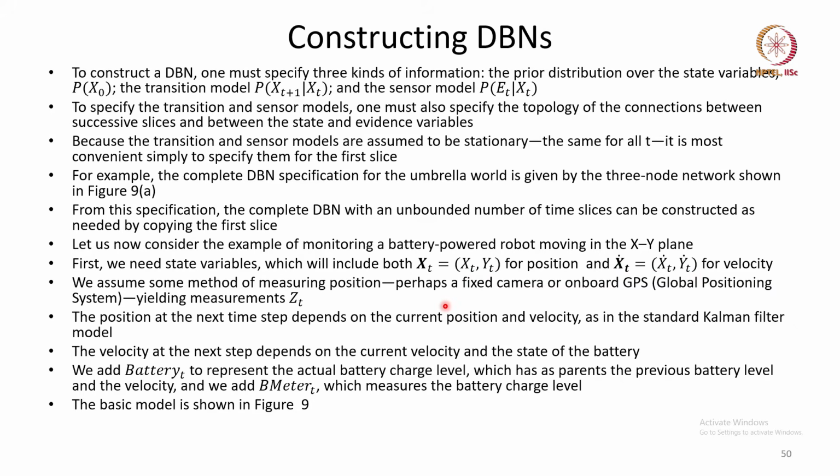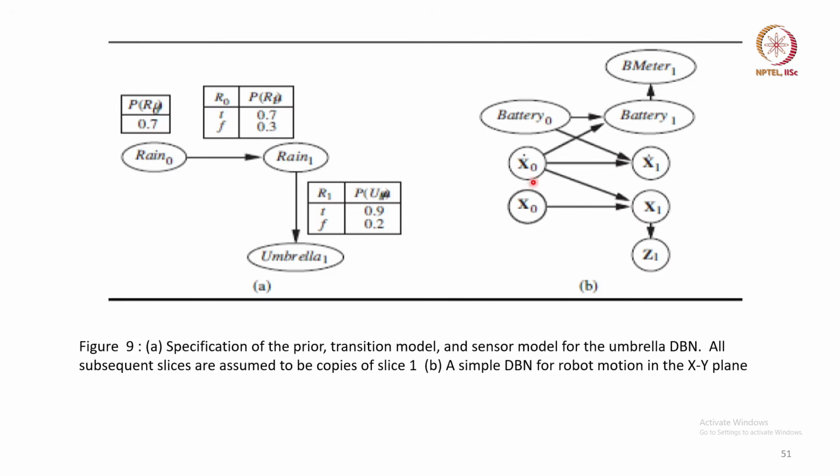Here we have X0 dot and X0, where X0 gives the position and X0 dot gives the velocity at time 0. This influences the values of X1 and X1 dot, and also you have the battery at time 0.